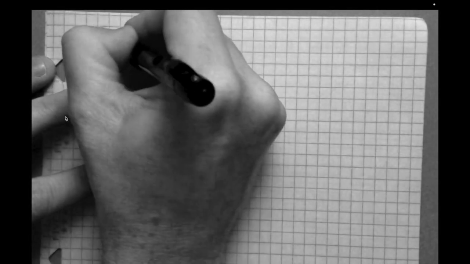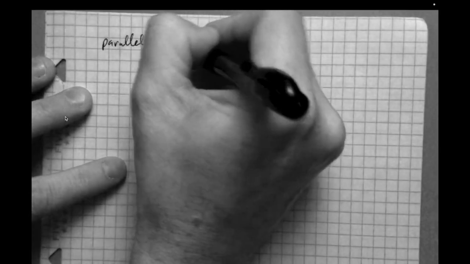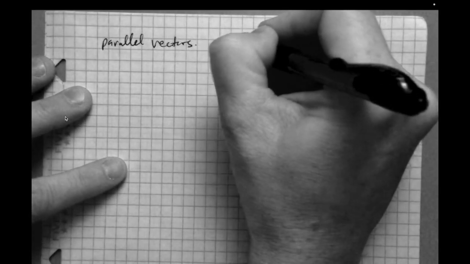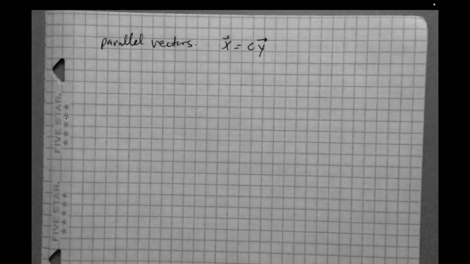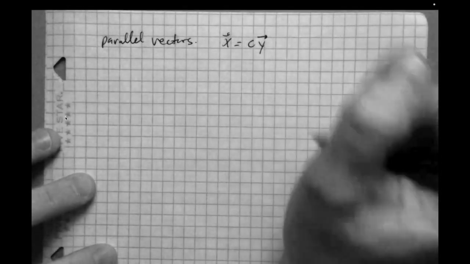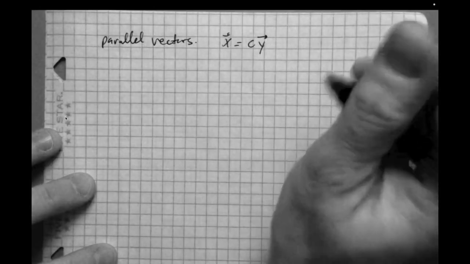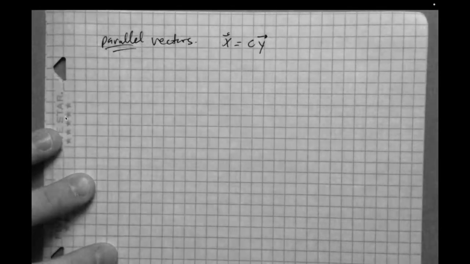Let's talk through another theorem. We discussed previously the idea of parallel vectors. We said x and y are parallel if there exists some constant scalar c such that one can be made equal to the other by scalar multiplication by c. Another way to think about this idea of parallel is through the following theorem.